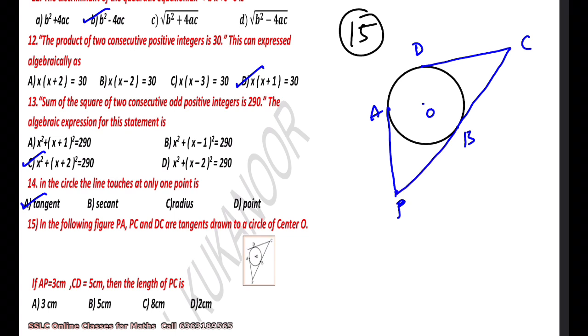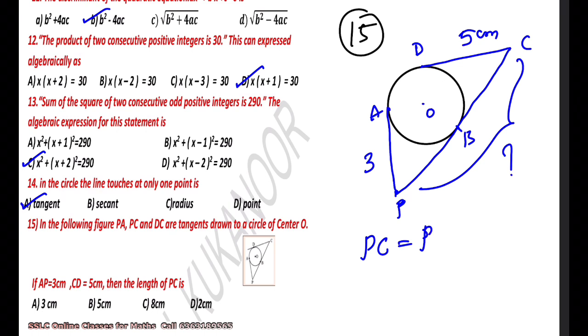What is given? AP is equal to 3 centimeter, CD equal to 5 centimeter. Then the length of PC, this whole length, we need to find out. If you see this length PC completely, there is a point B in between. So I can write PC equal to PB plus BC.